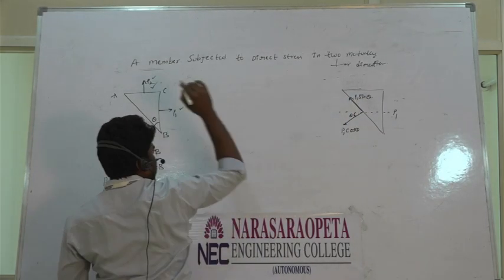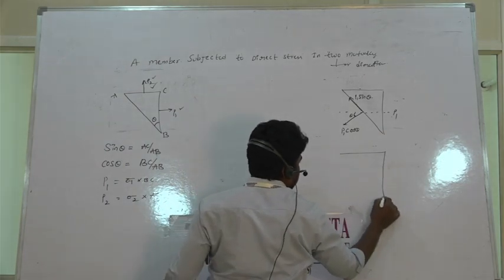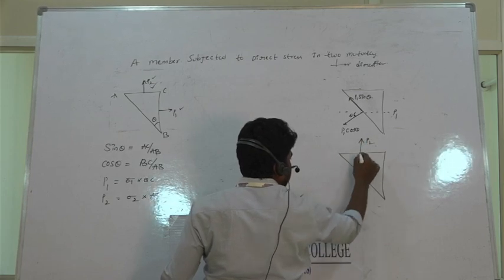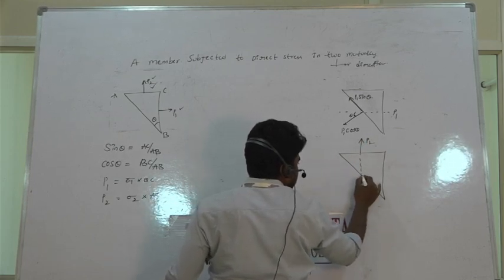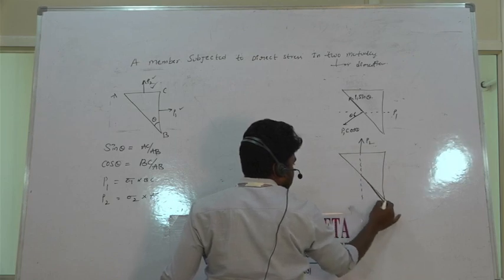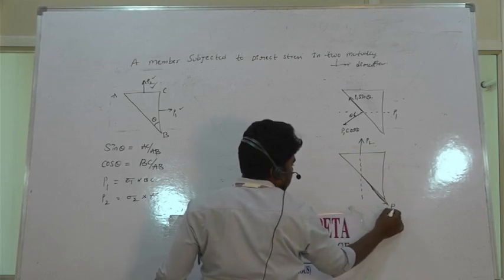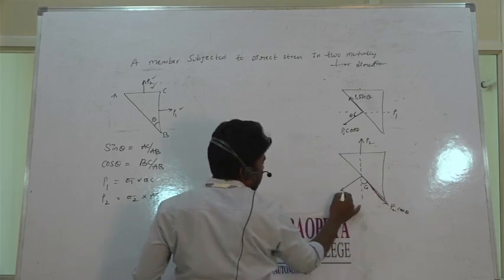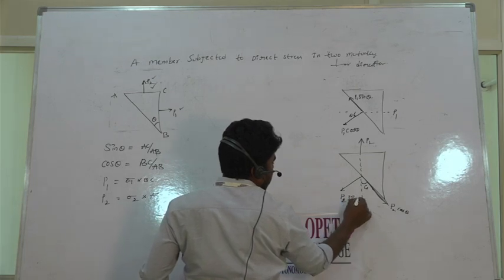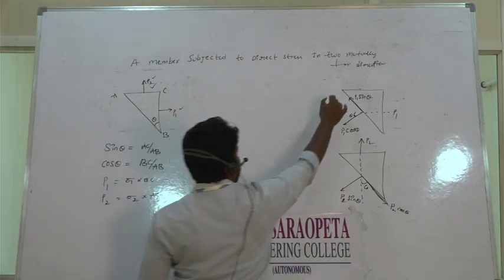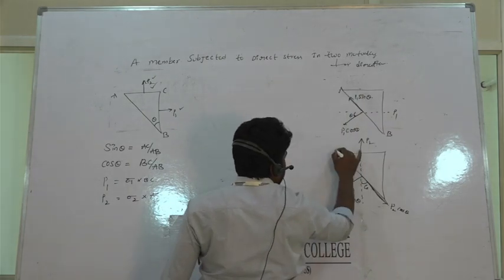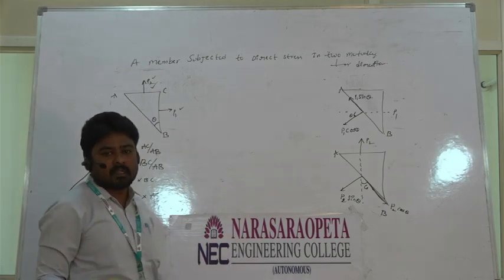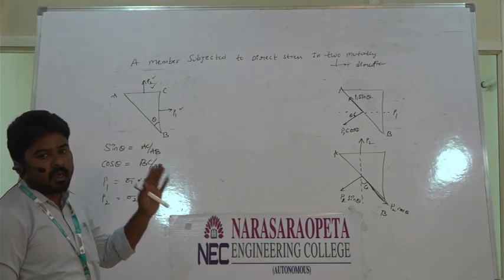Similarly P2 into cos theta, P2 sin theta. This is plane AB. So finally, our aim is to find the normal stress and tangential stress on plane AB.